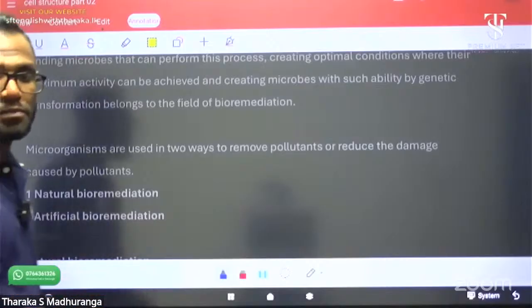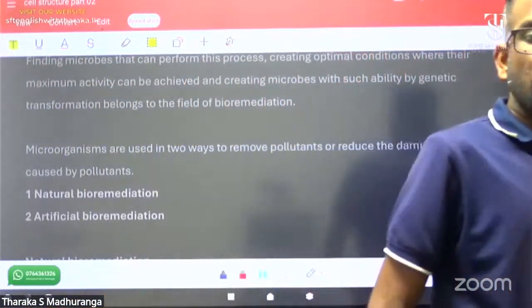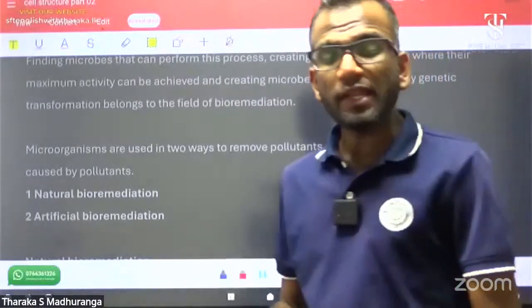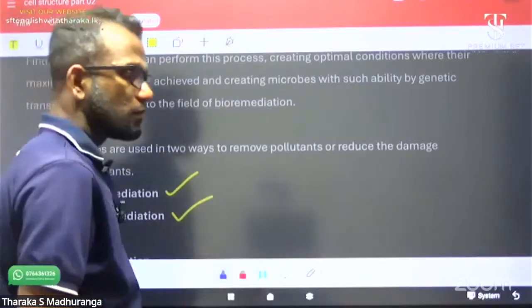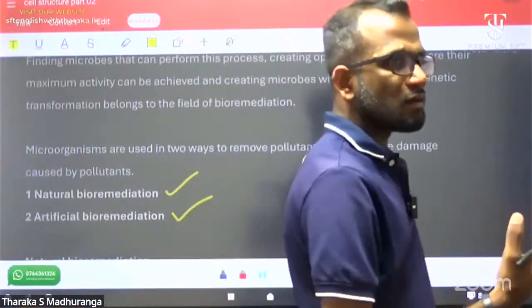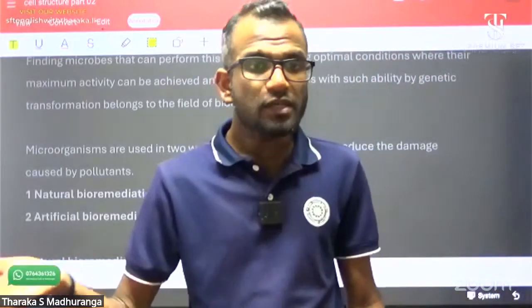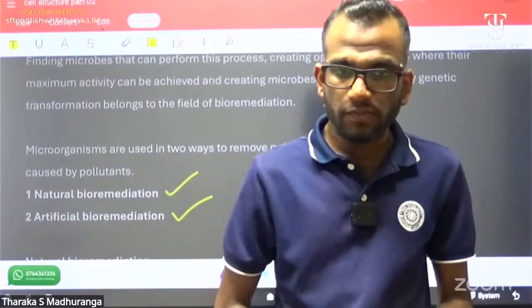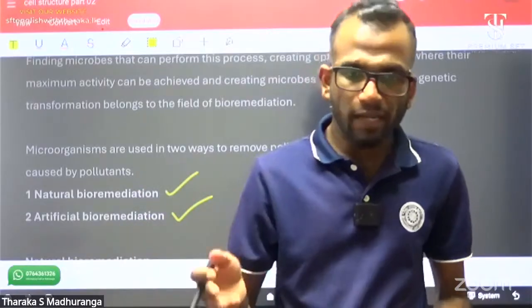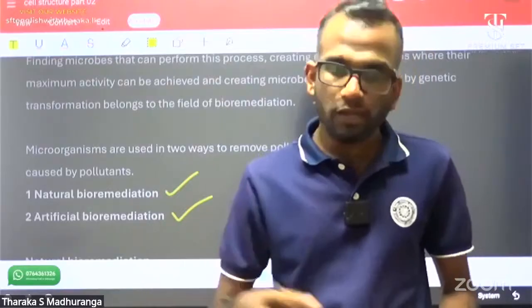Now, bioremediation is mainly of 2 types: natural bioremediation and artificial bioremediation. What is the meaning of bioremediation? Any pollutants or toxic compounds in the environment are converted into non-hazardous compounds using organisms. We can use animals, sometimes plants, or microorganisms.